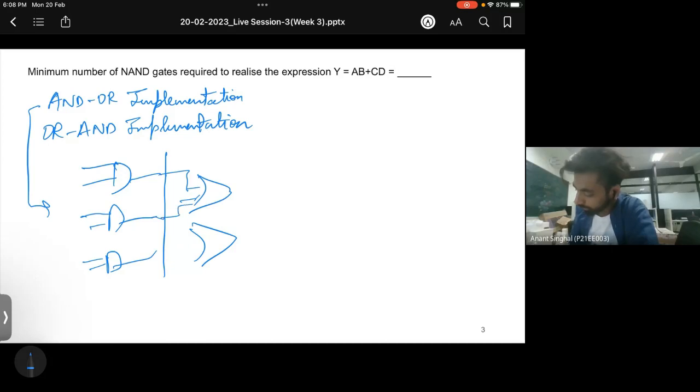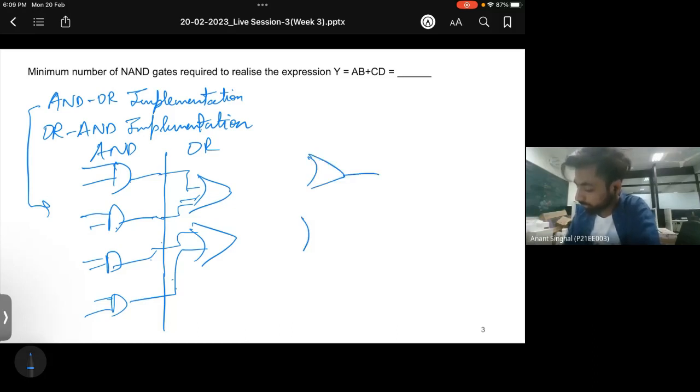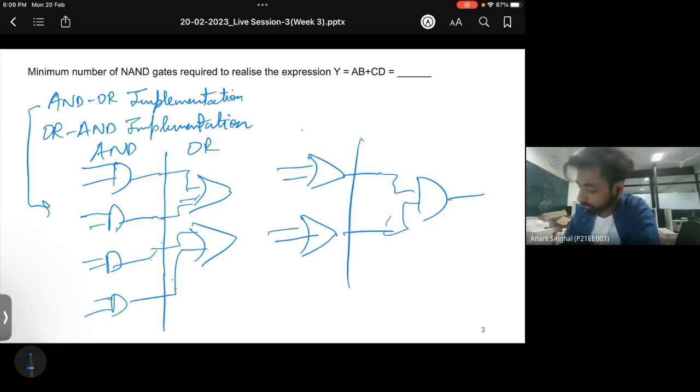OR-AND implementation is when we have OR gates initially, going to an AND gate for the output. So this one is AND-OR, and this one is OR-AND implementation.